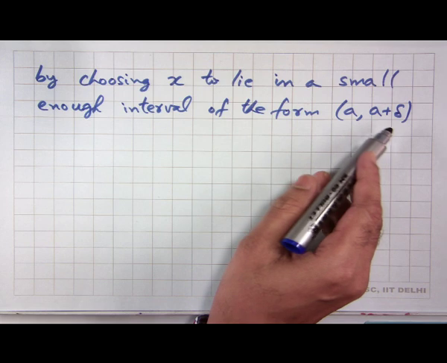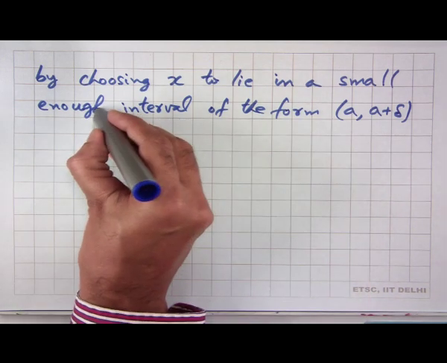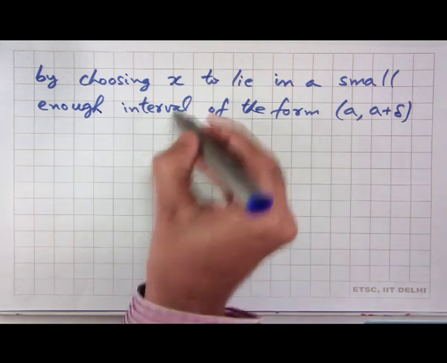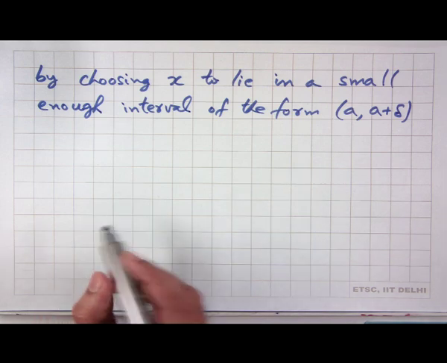to the right of a, whereas for the left hand limit we are interested in values of x in an interval to the left of a.